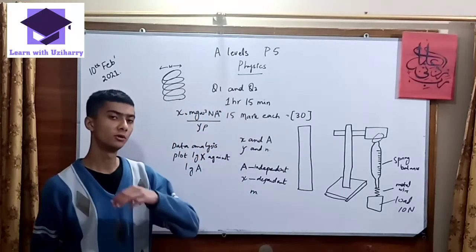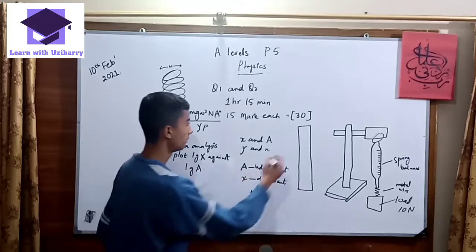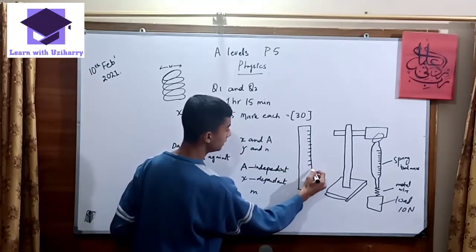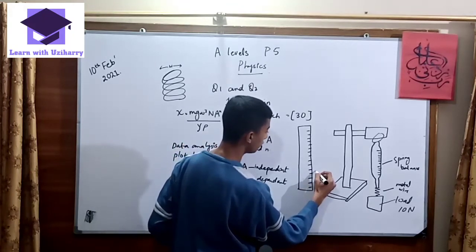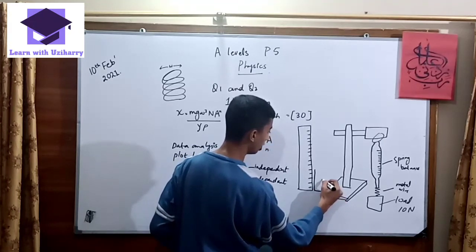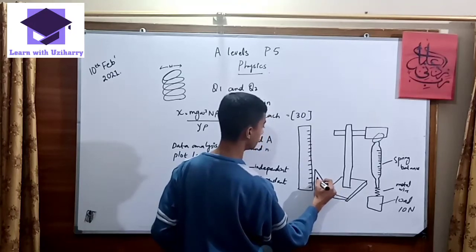If you are solving the question practically, we need to make proper eye contact, meaning there should be no parallax error. For that we use a set square to have proper eye contact when performing the experiment.